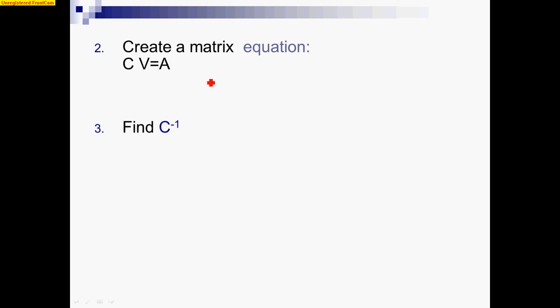Just like I did with 2 by 2 matrices, I'm going to create a matrix equation, and find C inverse. So I'm going to write and I'm going to leave that same space.